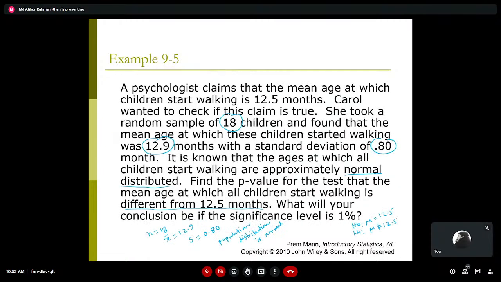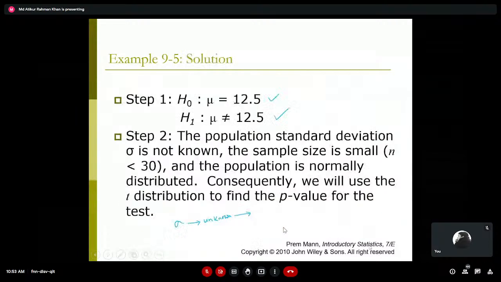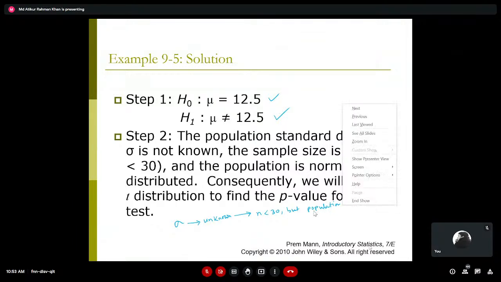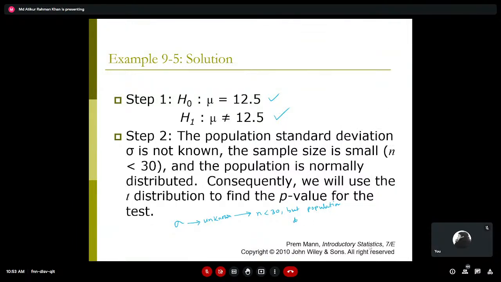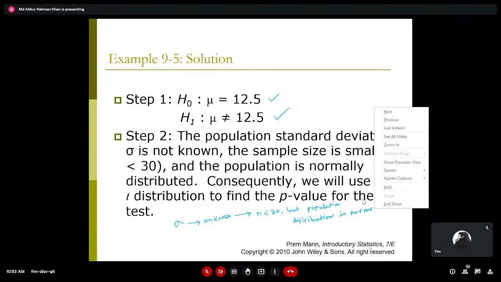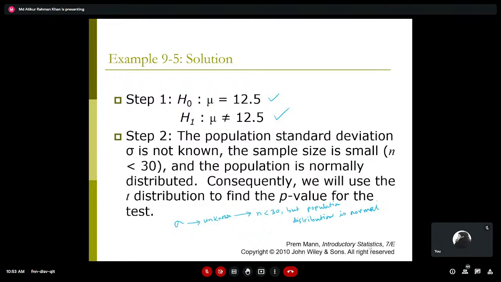The sample size is small, n less than 30, but the population distribution is normal.